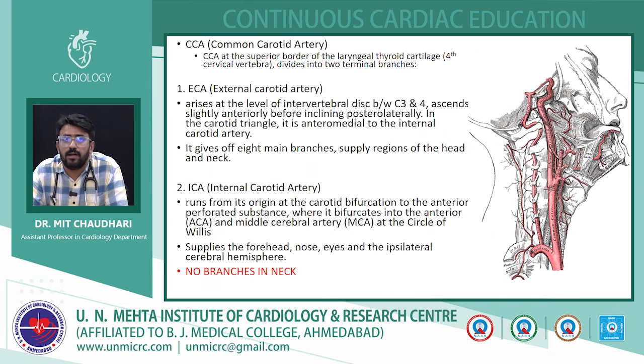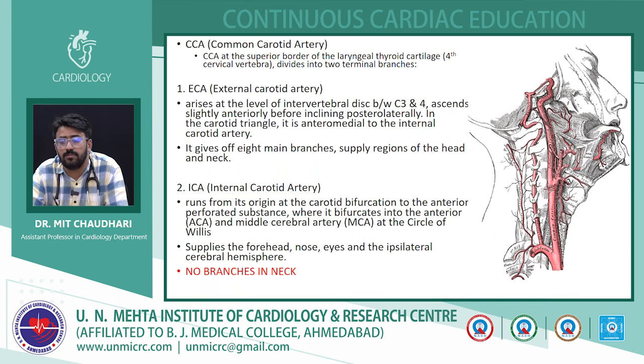The common carotid artery arises at the level of the thyroid cartilage, at the fourth cervical vertebral level, and gives two terminal branches. One is the external carotid artery, another is the internal carotid artery. The external carotid artery supplies blood to the face, head and neck, as we all know, and gives branches in the neck region, while the internal carotid artery goes directly into the brain and supplies the ipsilateral side of the brain and cerebrum.